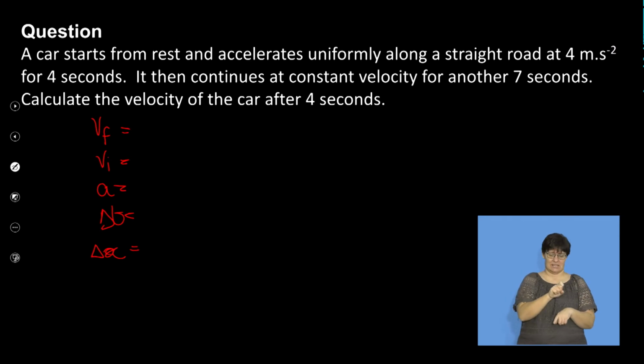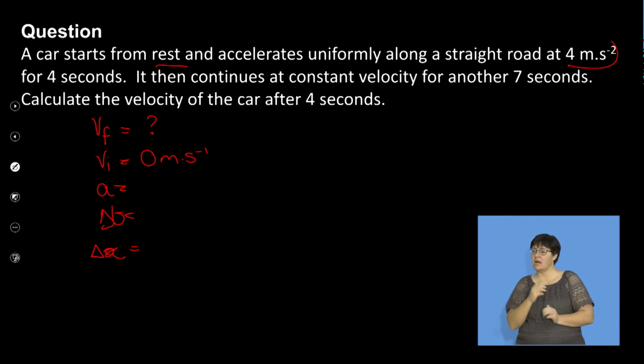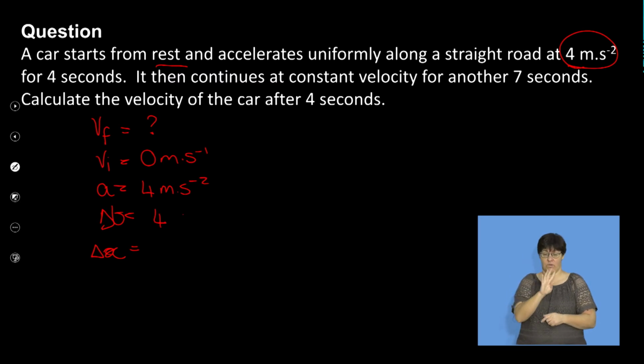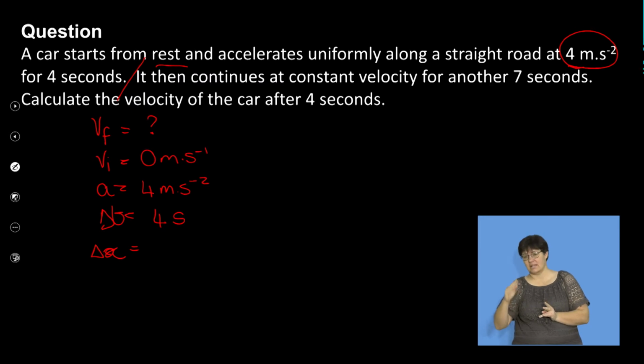Okay, Vf is what we're looking for. Vi, they started from rest, so it's 0. They told me it accelerates at 4 meters per second squared, and it does that for 4 seconds. That's the first part, okay? It then continues the second part. They want the velocity, so I want Vf.